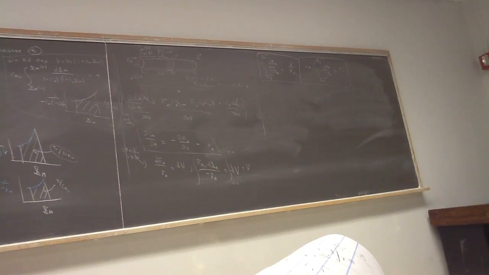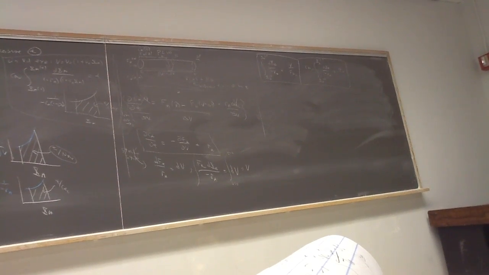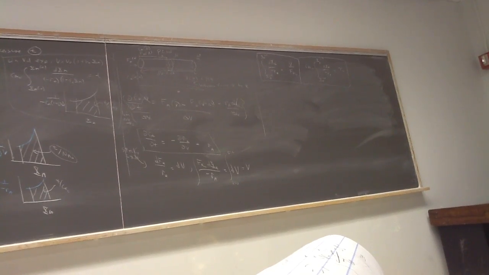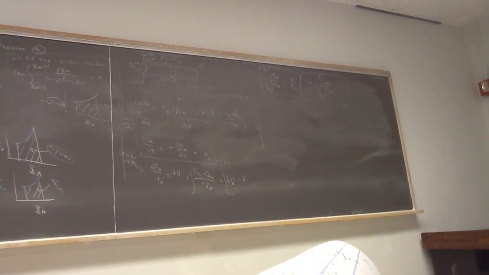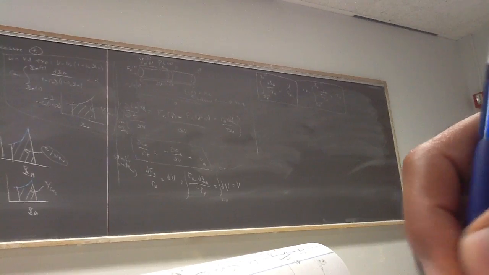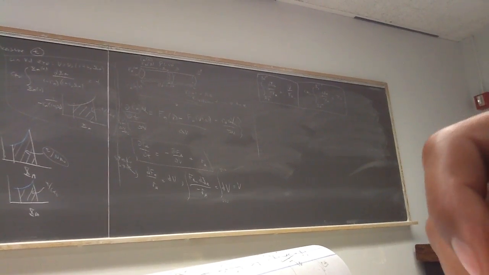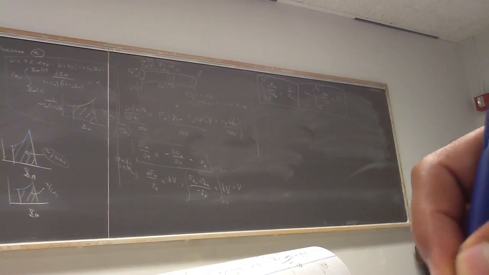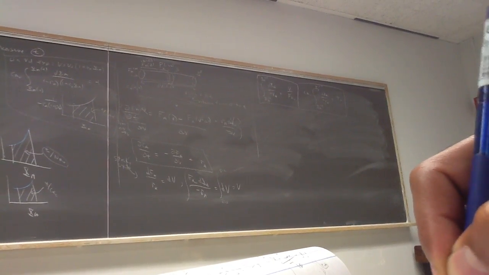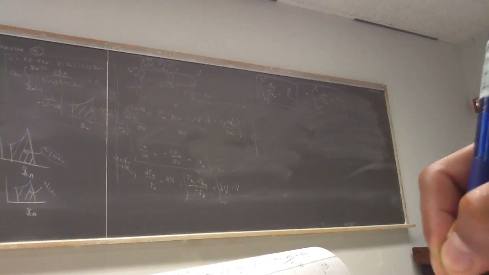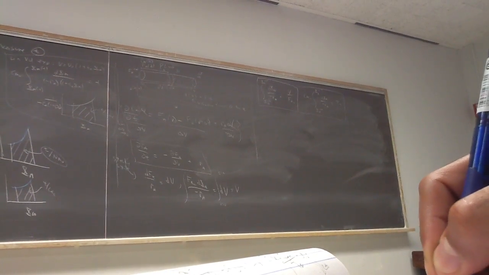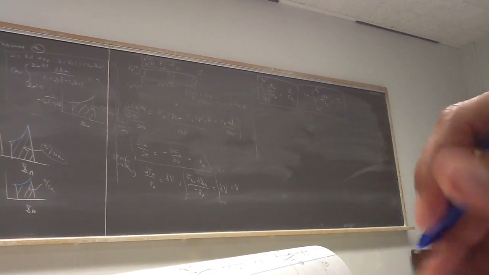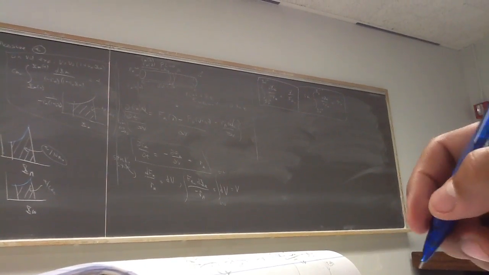So for a plug flow reactor, the area under the curve from here to here is tau over CA0, whereas the area of the rectangle was tau over CA0 for a CSTR.